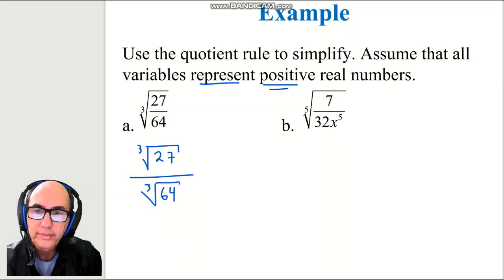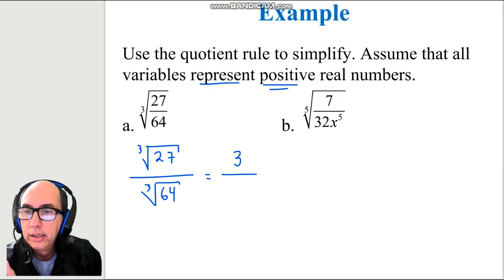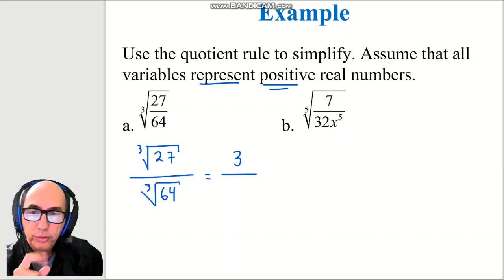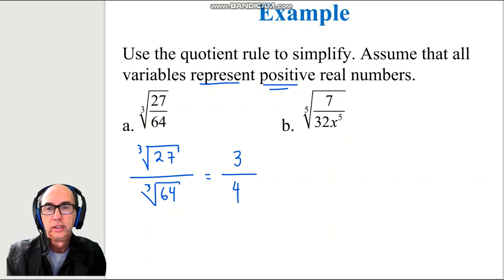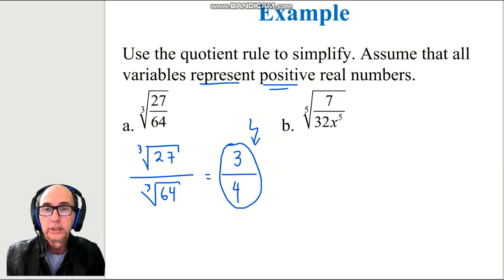But the cube root of 27, you can use a calculator if you're not sure. But 3 times 3 times 3 is 27, so the cube root of 27 is 3. The cube root of 64, if you don't know, use the calculator. 4 times 4, 16 times 4, 64. So 3 over 4. That's the final answer. Look, a much simpler version of the original, right?